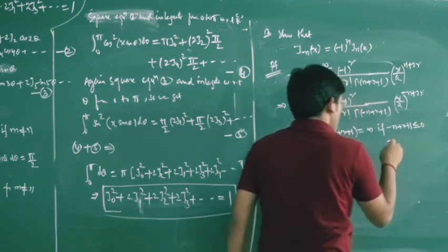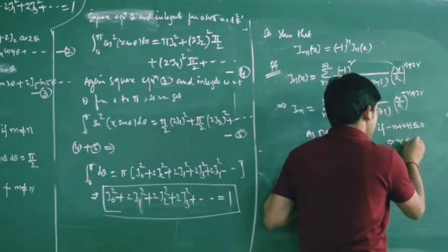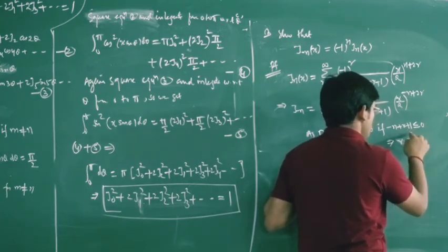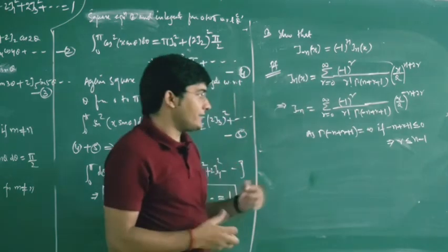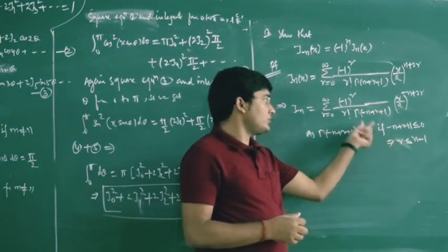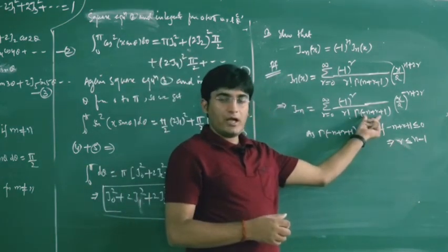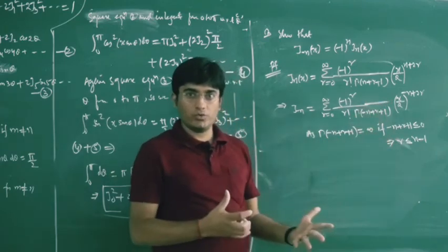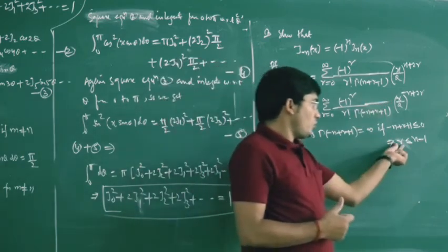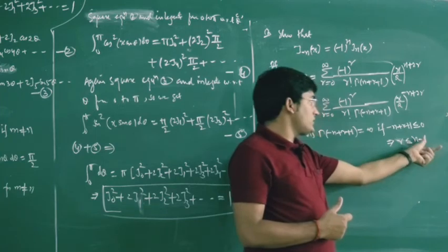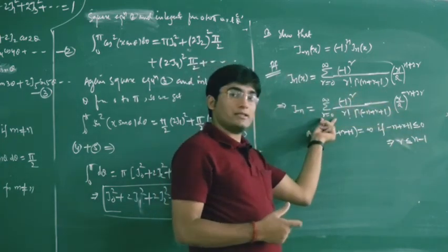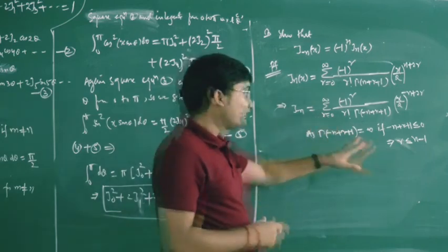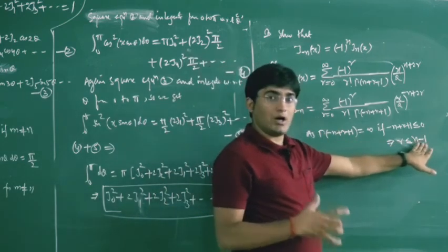So that means r is less than or equal to n minus 1. If r is less than or equal to n minus 1, then this will be infinity, and 1 upon infinity is 0. So all those terms will be 0, and our summation will start from n, because terms up to n minus 1 are 0.